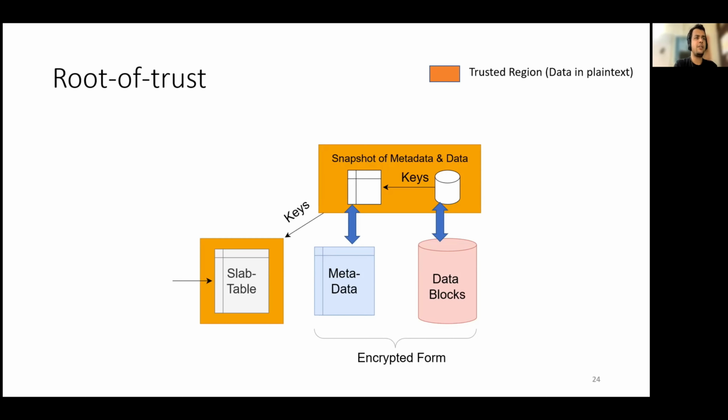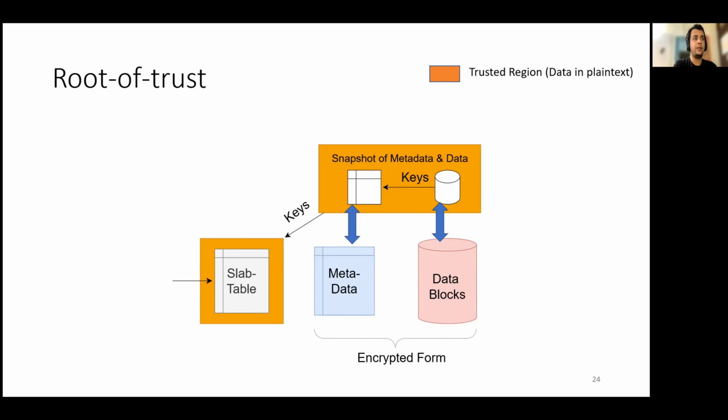The keys of the slabs are stored in the slab table. In our implementation, the size of a slab table is only 56 kilobytes. As long as the volume is mounted, the slab table is pinned in the secure memory. This acts as our root of trust. Any tampering with the data will be detected by the metadata, and any tampering with the metadata will be detected by the slab table.